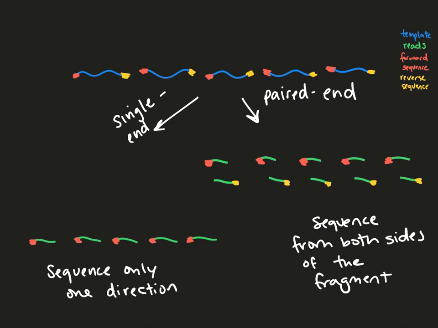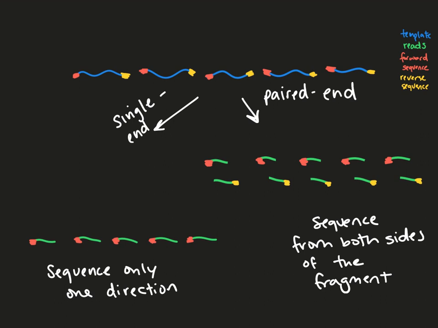When it actually comes time for the DNA sequence machine to read the template, being what I've shown here in blue, and the reads, that is the output of the sequencer machine, here being shown in green, there are a few ways to do it. You can do single end sequencing, which is just that you sequence from one side only, and that you would end up with reads that look like this.